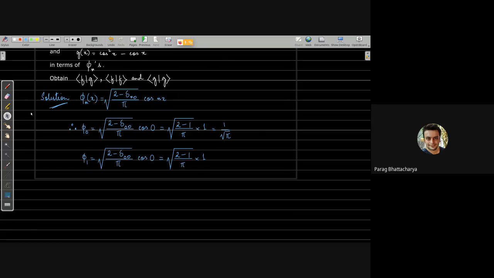For phi 1, instead of 0 this will be equal to 1. This will be the integral of 1 0 times cos nx, so cos x, and here we will get delta 1 0, the Kronecker delta function. Because the indices are not the same, this will be 0 here, and we will get cos x, which will remain the same.